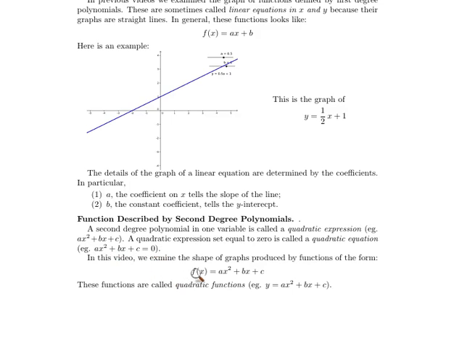In this video, we want to look at things where y, or the function, is equal to ax squared plus bx plus c. In other words, y is equal to a quadratic expression. These functions are called quadratic functions. So notice the distinction between quadratic expressions, quadratic equations, and quadratic functions.